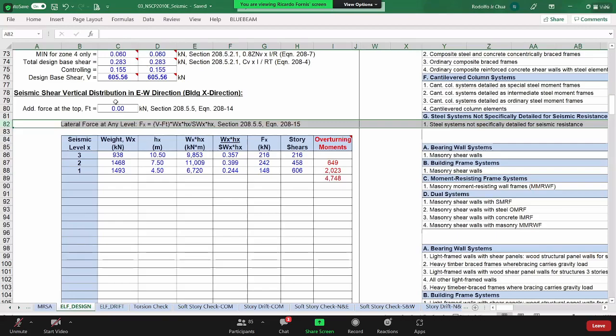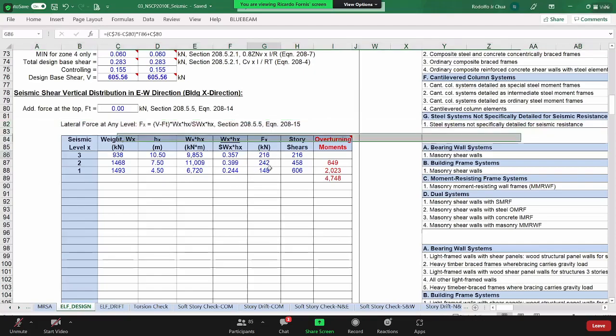So to distribute the force per level, you have to multiply the base shear, the total force, with the weight per level times the height of that level relative to your base, which is the top of the footing, and divided by the summation of the weight times the height. And then you will have this force distribution.